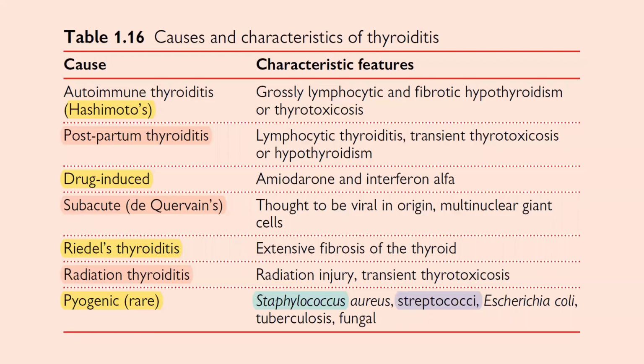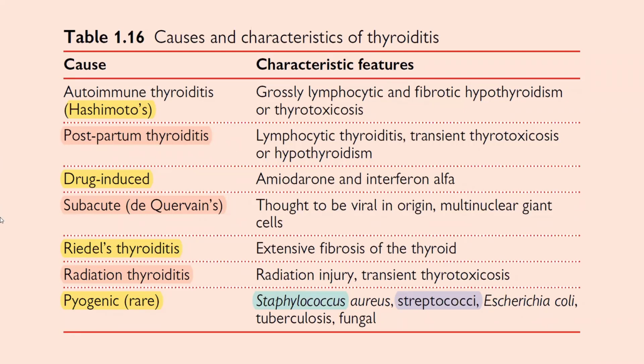Radiation thyroiditis, this is a radiation injury with transient thyrotoxicosis, and don't forget pyogenic thyroiditis, this is a thyroid abscess. The most common organisms are Staphylococcus aureus and Streptococci. This is pus, an abscess, needing antibiotics plus drainage. So this is very important.